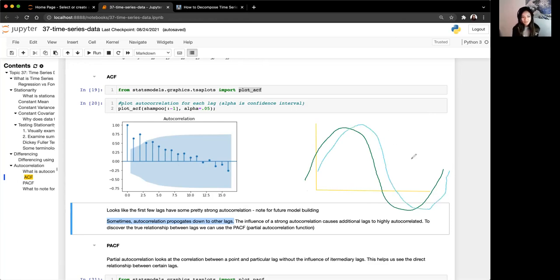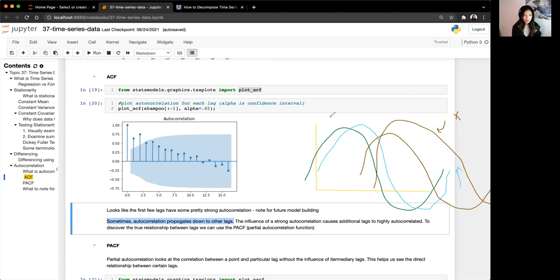We can guess that this first time lag will be pretty correlated, right? And as we keep shifting this down the line, we're going to get less and less correlated. So this will be one that's way down the line. And at some point, you might even get opposite correlation. These lines will not be very correlated, because it's moving further and further from the original time series.